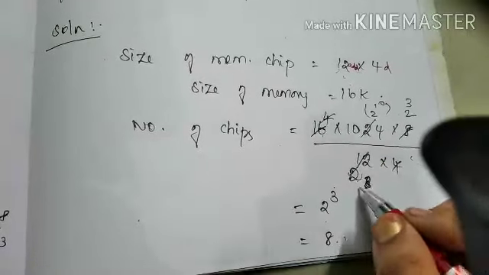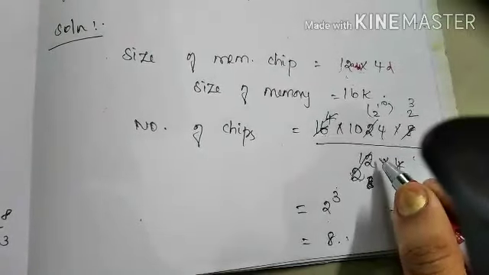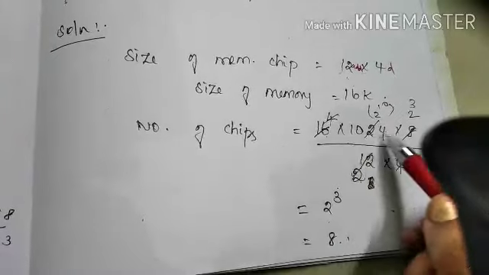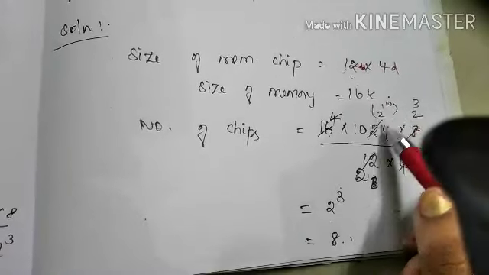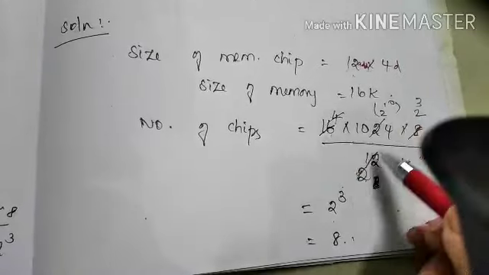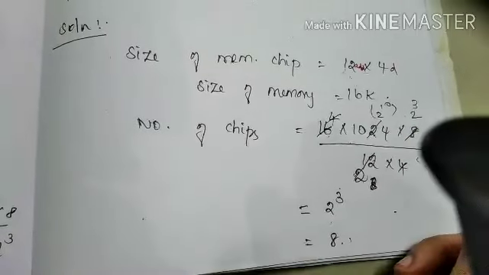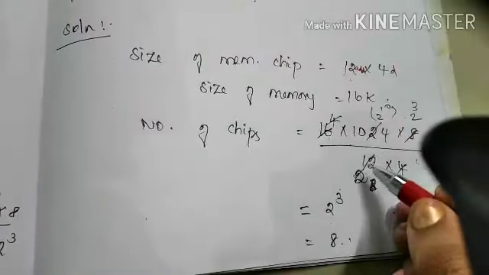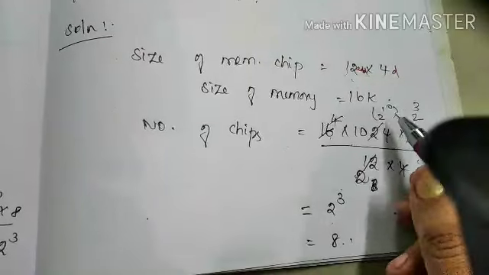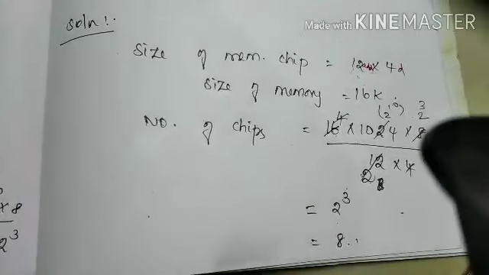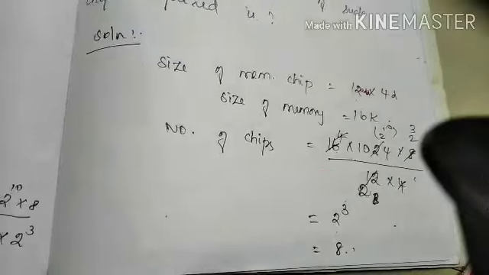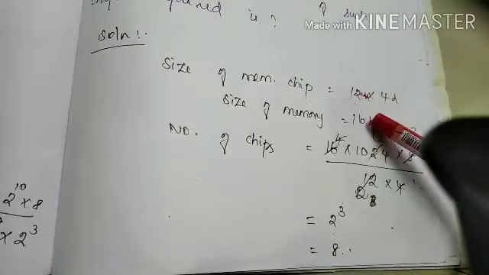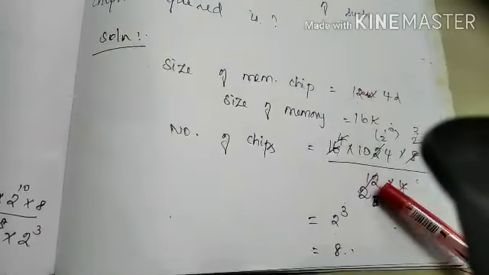Here we have 2 power 12 in the denominator, so we can write 1024 as 2 power 10. Then it is easy to cancel. 2 power 12 and 2 power 10, after cancelling leave 2 power 2.